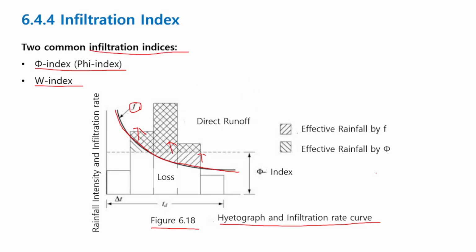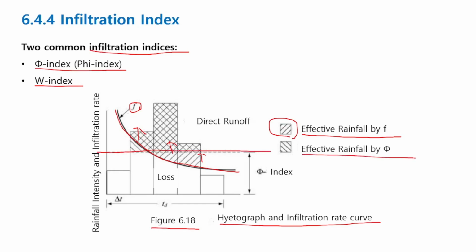Therefore, we use infiltration indices to get an approximate estimate. Okay, so we have the actual infiltration curve. That's the effective rainfall by F. Every part of the hydrograph above this line, marked by the left hatching, is that. And then we have everything above this phi index line.